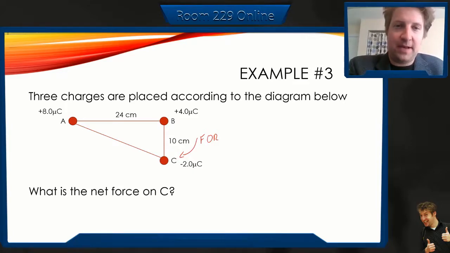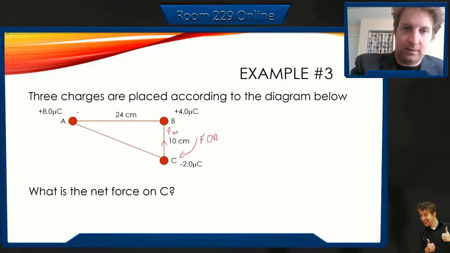So let's say nothing can move, but what's it going to feel? This is a positive and a negative, so positive and negatives, what do they do? Attract. So there's going to be a force upward that we can define as force of B on C. In the same vein, we can say that this force A is going to be pulling it up there.